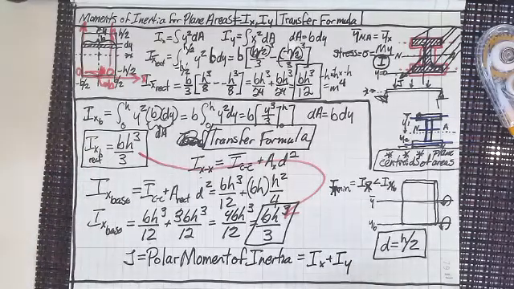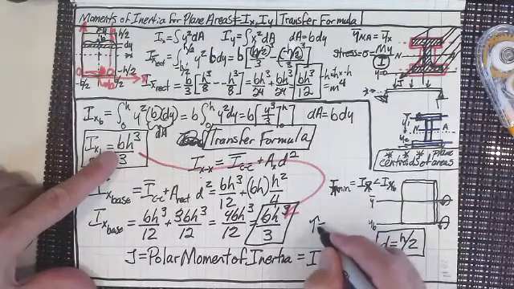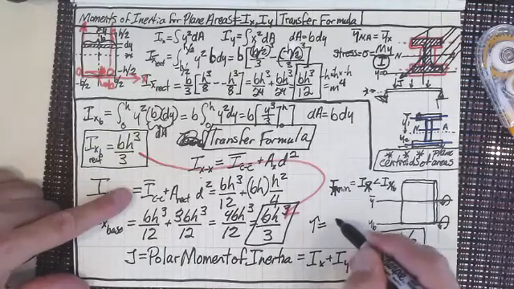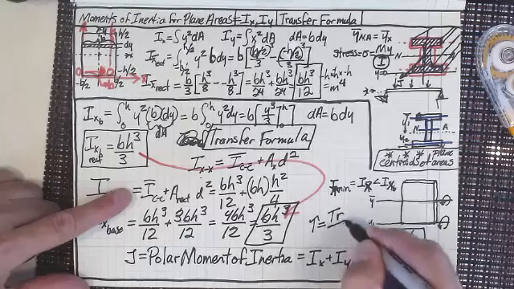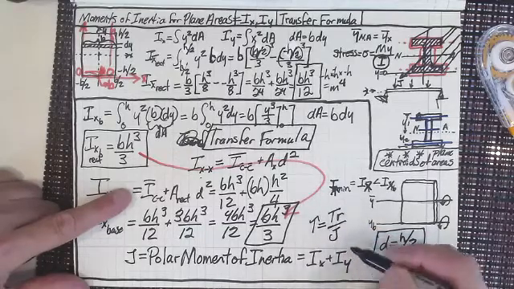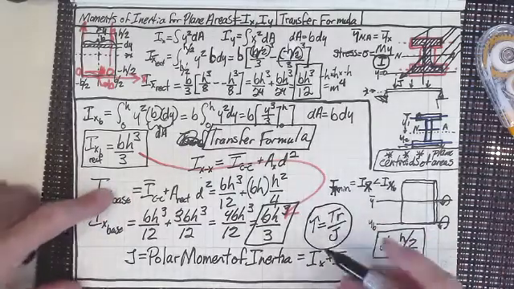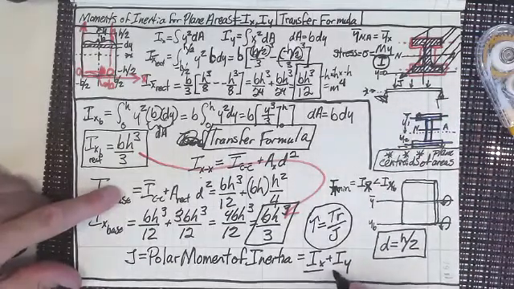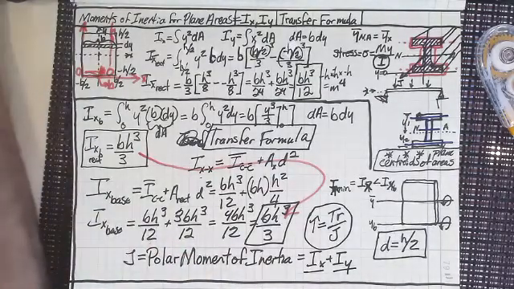And what do we use that for? When we start to look at shear stress in a torsion rod. Shear stress in the torsion rod equals T, the torsion, times the radius of the torsion rod divided by the polar moment of inertia of the torsion rod. So that's why we're going to have to understand the polar moment of inertia as well as the two moments of inertia about the x and the y axes. All right? Okay, see you in the next lecture.